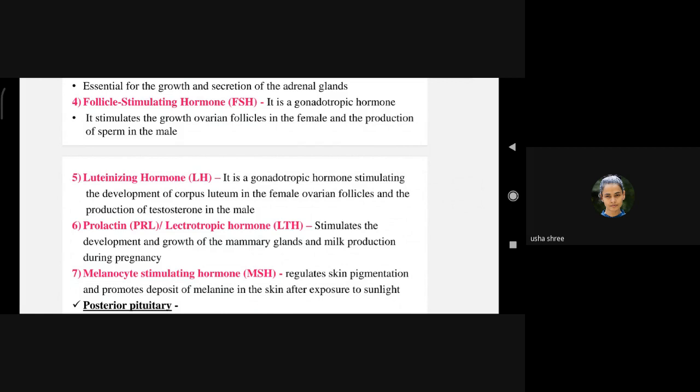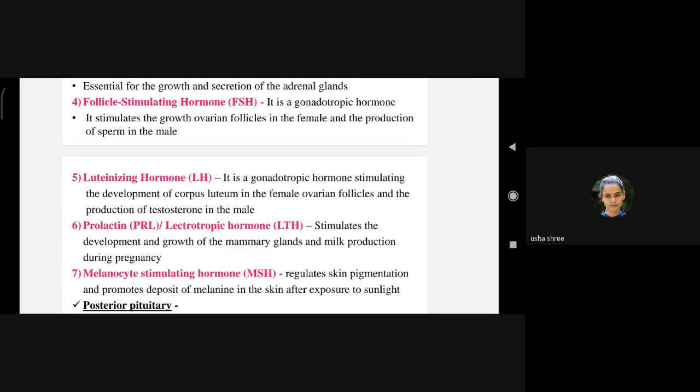Next is prolactin or lactotropin hormone. These hormones stimulate the development and growth of mammary gland and milk production during pregnancy. Okay. So here comes a question.